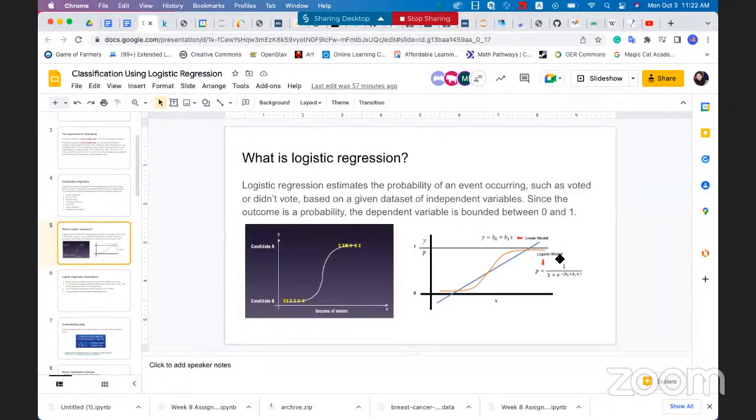So you understand this equation, and why we use this sigmoid curve to fit the samples here. Okay.